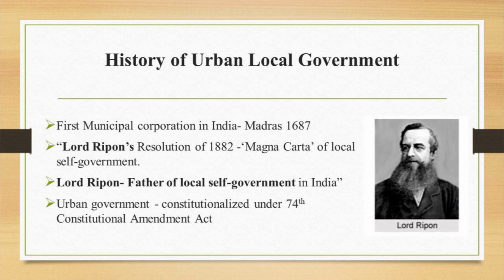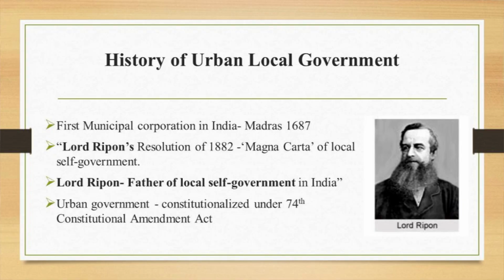Lord Ripon is considered to be the father of local self-government in India, and Lord Ripon's resolution of 1882 has been hailed as the Magna Carta of local self-government. Many committees and commissions were appointed by the central government to improve the functioning of urban local government in India. The system of urban government was constitutionalized through the 74th Constitutional Amendment Act of 1992.